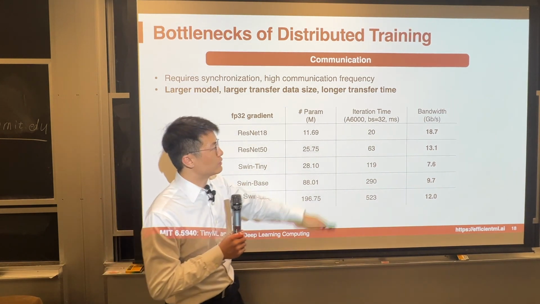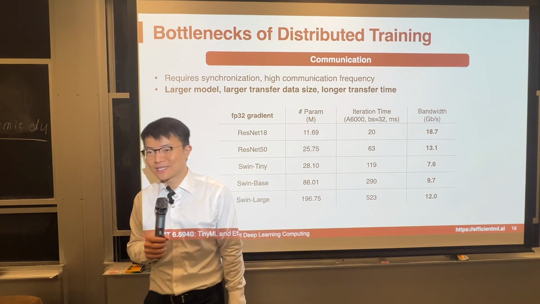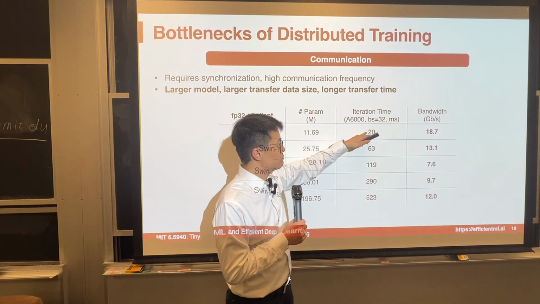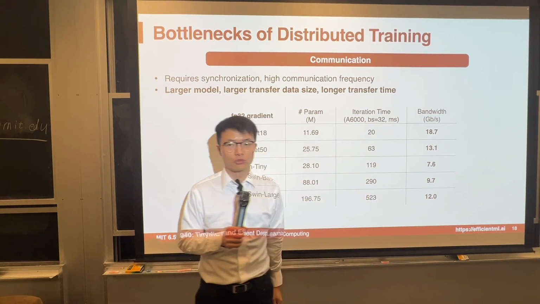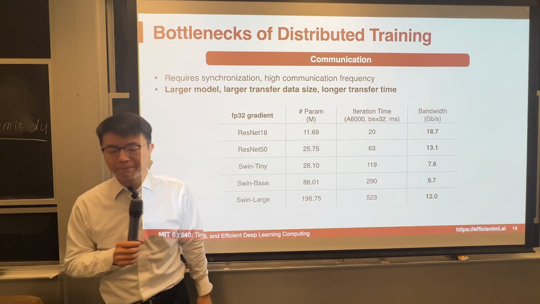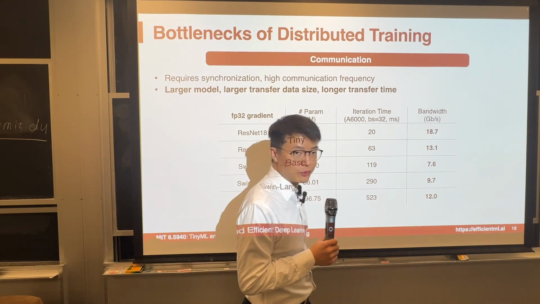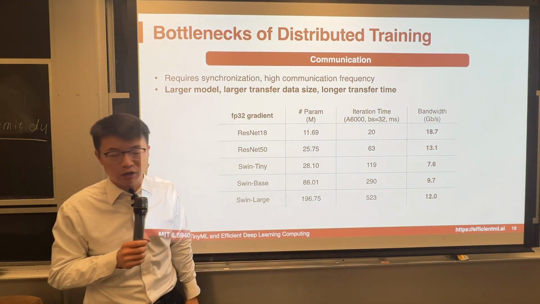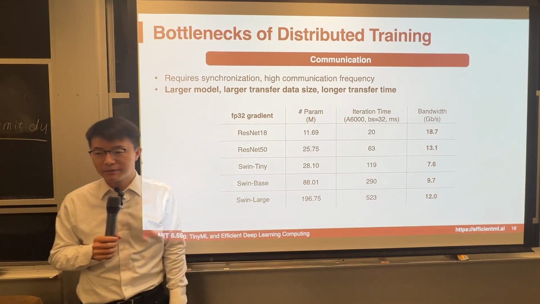And this is the iteration time on the 6000 GPU, batch size of 32, measured in milliseconds. It ranges from 20 to 500 milliseconds. To keep the GPU busy, how much bandwidth do we need? How do we calculate the bandwidth requirement?